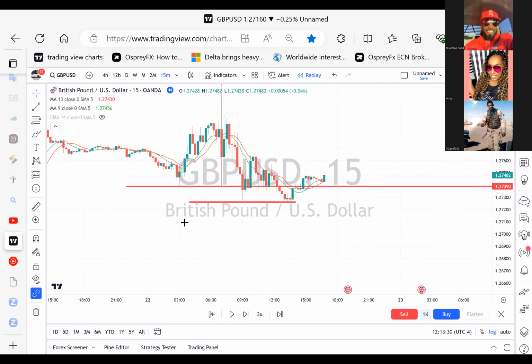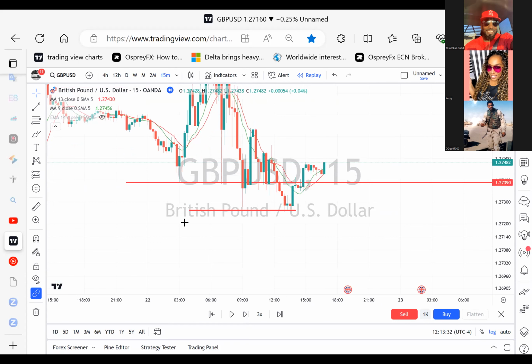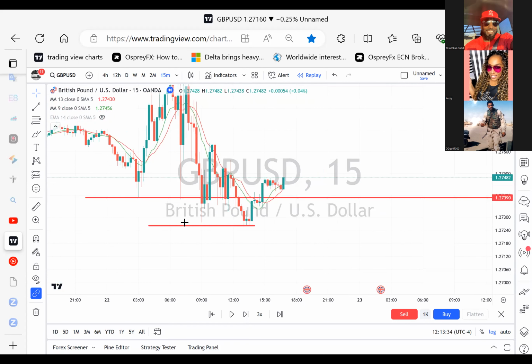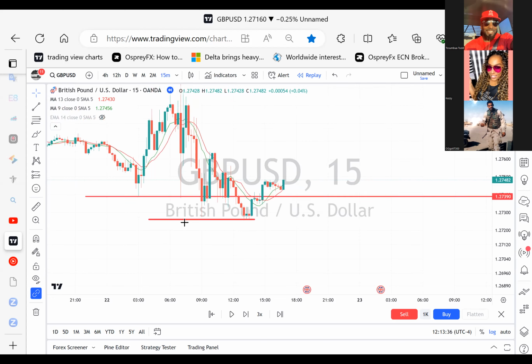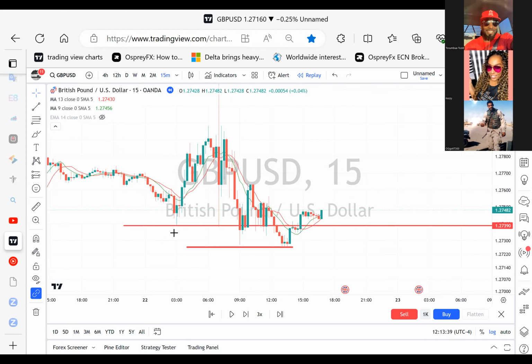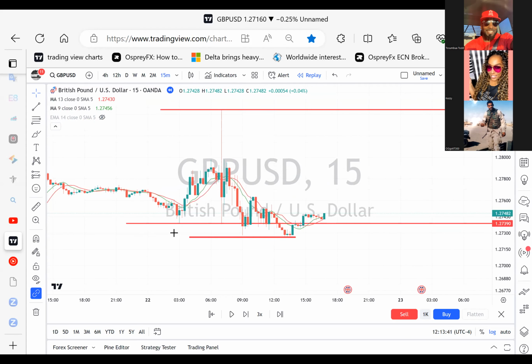Okay, so this is what I was looking at on the higher time frames, and more importantly, we can drop down here to this 15-minute, and this is what I was looking at on the 15-minute. So if you understand the ICT concepts, right? 8:30 is always the time frame that he's going to tell you to go and look at.